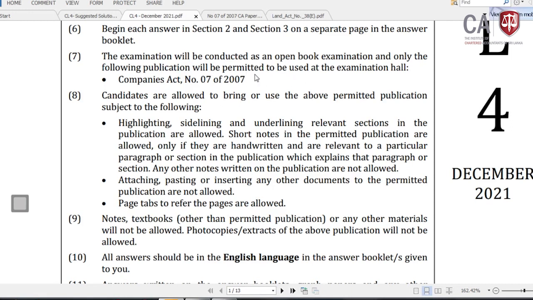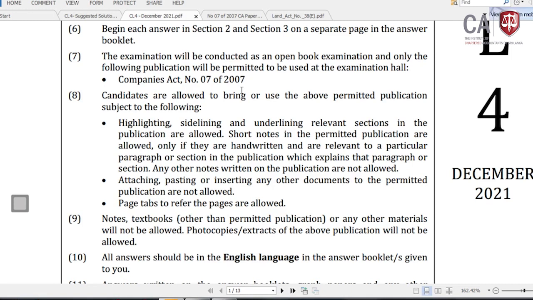Only the following publication will be permitted to be used at the examination hall, which is the Companies Act. I know for your exam there are some other acts relevant apart from the Companies Act. The main statute is the Companies Act, but there are some other acts as well, but you are not permitted to take those acts with you. There are some gazette notifications relevant to your paper, but you are not permitted to take any of those documents with you.